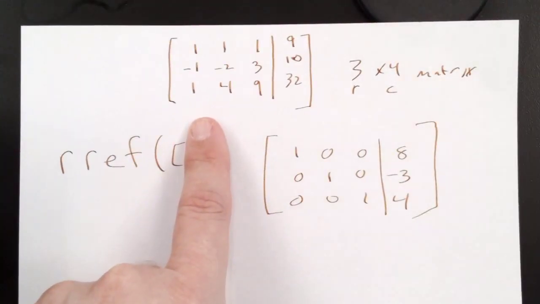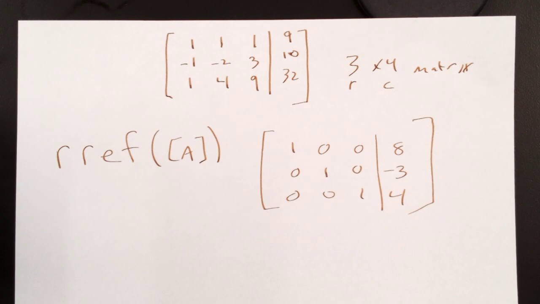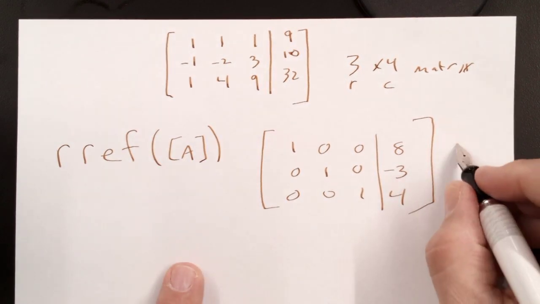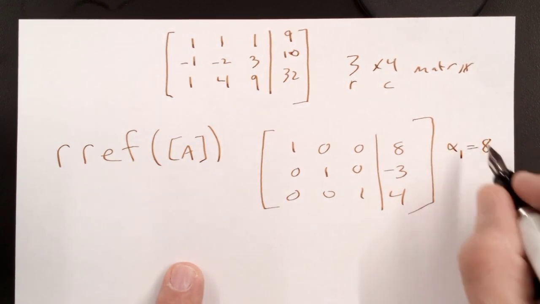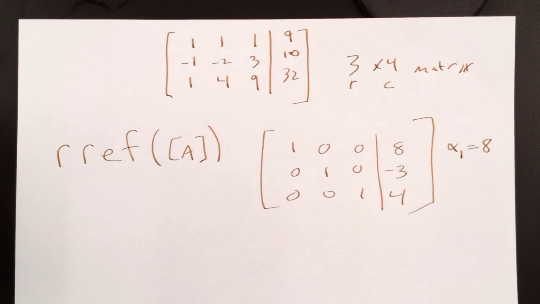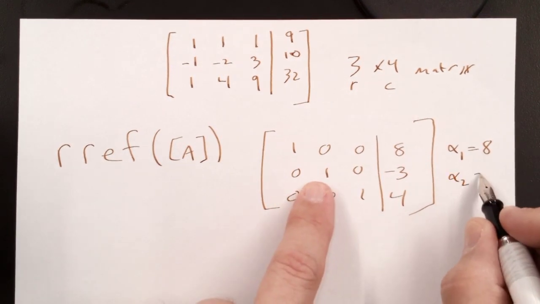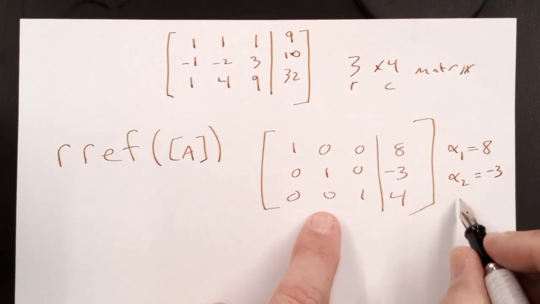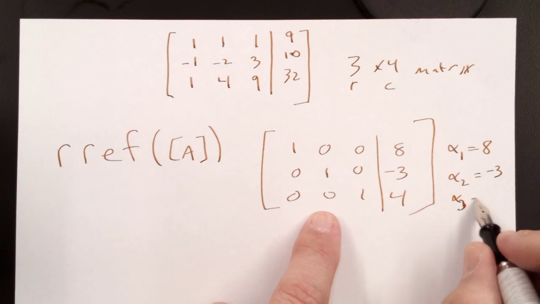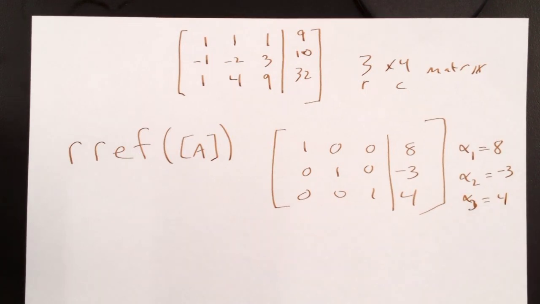So what's the first row of this matrix as an equation? That's alpha 1 equals 2. The middle equation is 1 alpha 2 is equal to -3, and the bottom one is 1 alpha 3 is equal to 4.